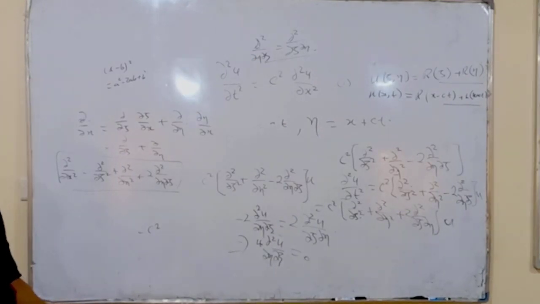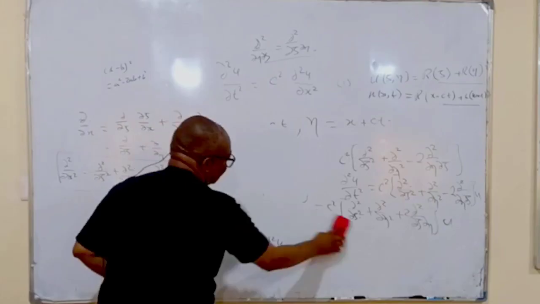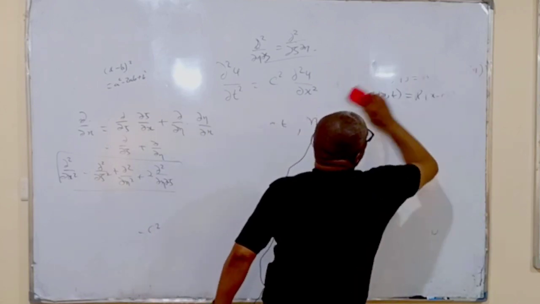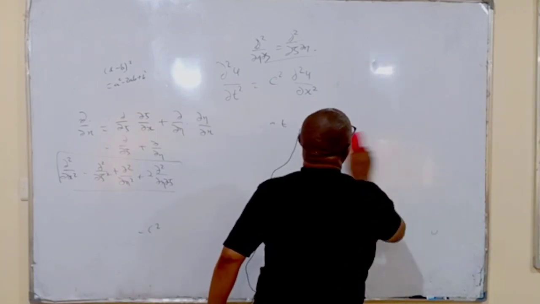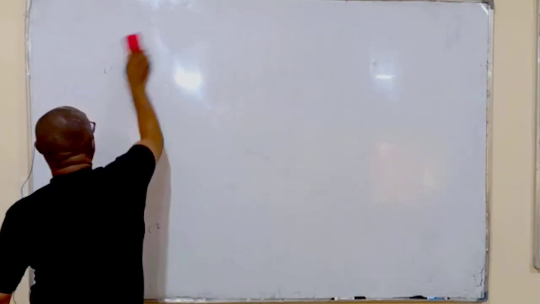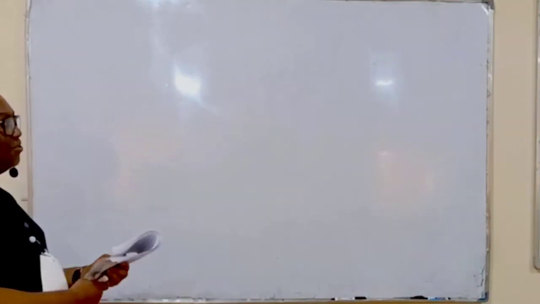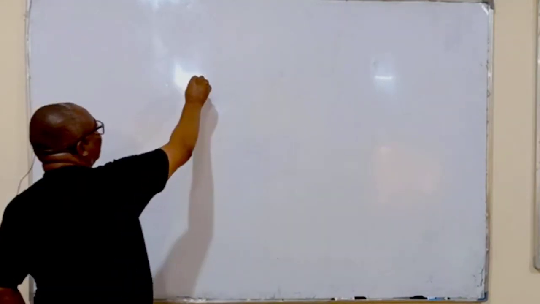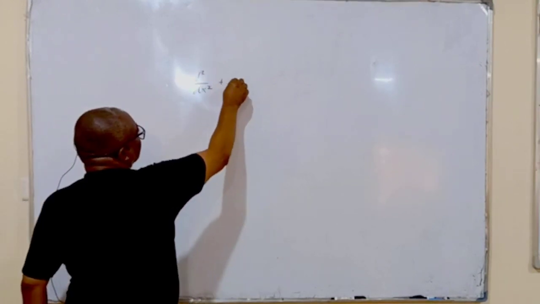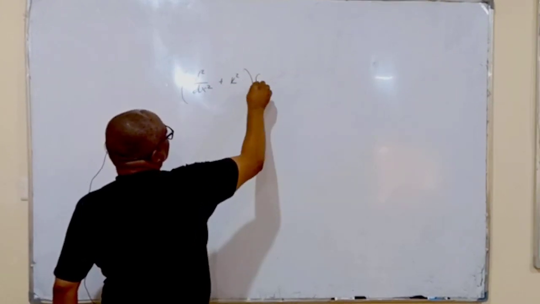Is it not? How many of us have forgotten? Because this is the foundation of what we are going to be seeing. We will need to do this as we go on to solve these our wave problems. We have something like this: d2 f by dx squared plus k squared f equal to 0.